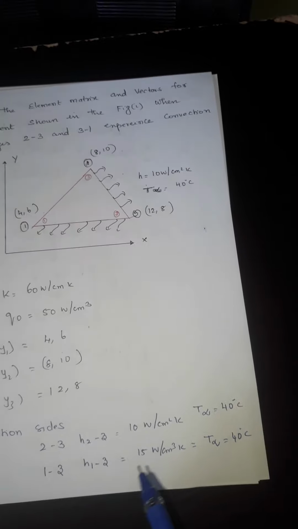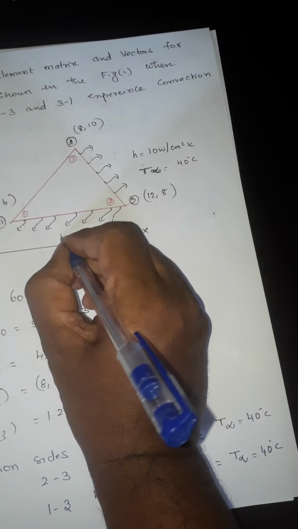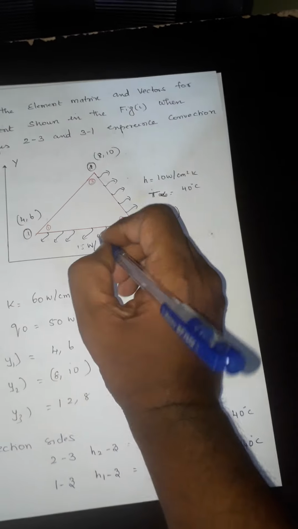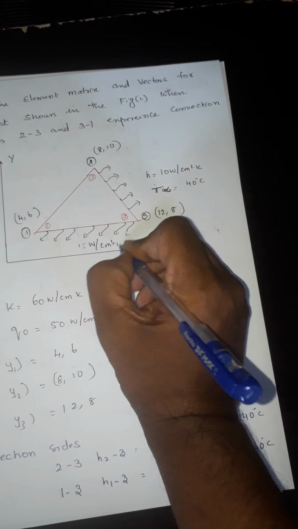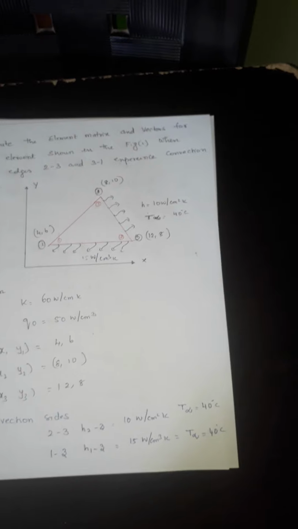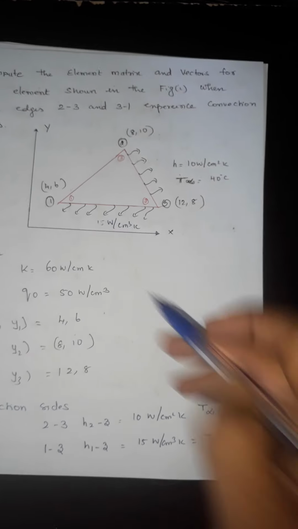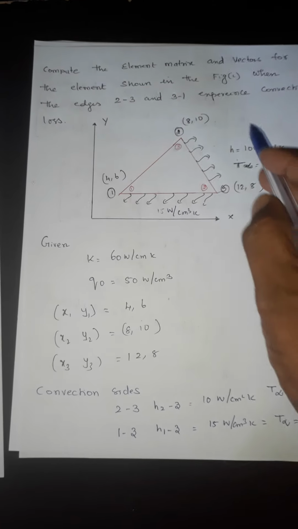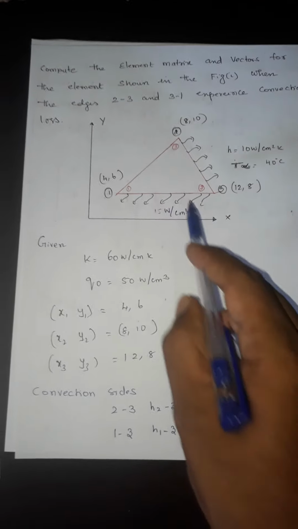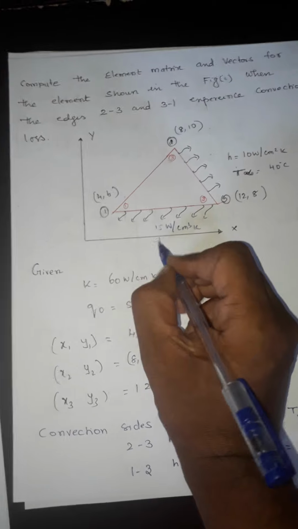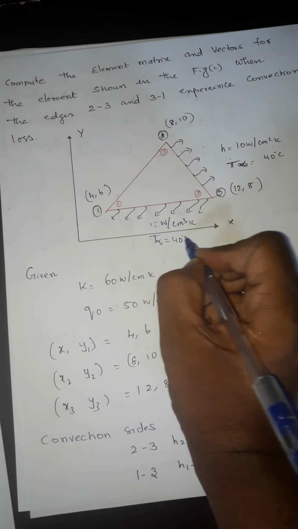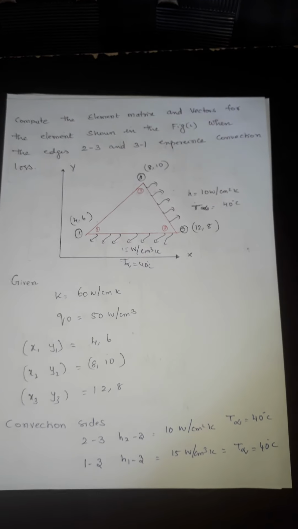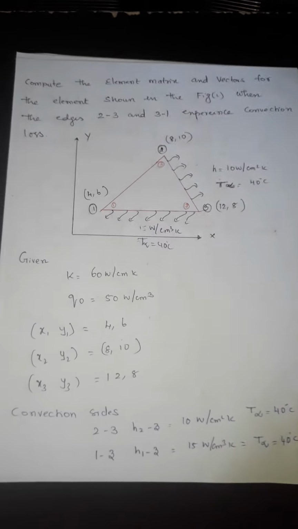Actually this is 15 watt per centimeter square Kelvin. Sides 1, 2, 3 are convection sides, and this is also a convection side. The T infinity is the same, because the fluid, air, is surrounding there, at 40 degrees Celsius. So everything is given here.